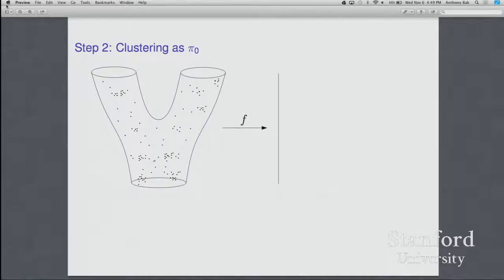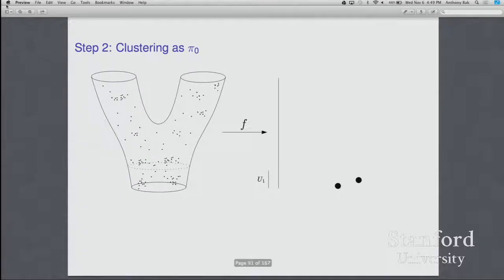Okay, so here's our data world where we have points. I take this U1, I look at its inverse image, and I do clustering, some clustering algorithm, whatever you want. I'm not particular. I'm saying that I get 2 clusters in that inverse image. I go to U2, which is this set.